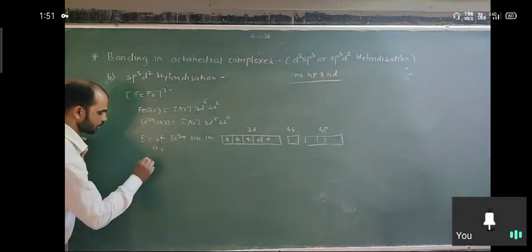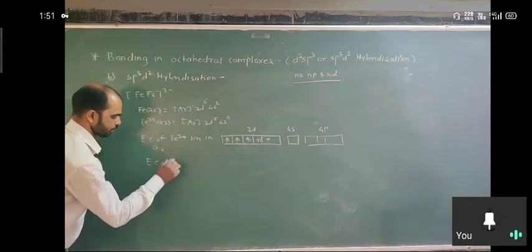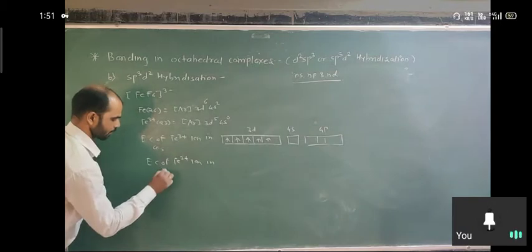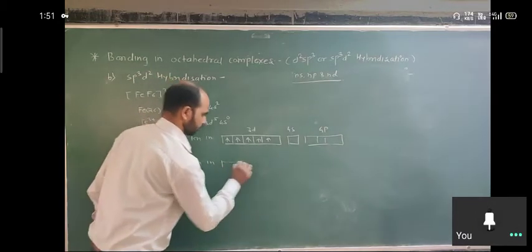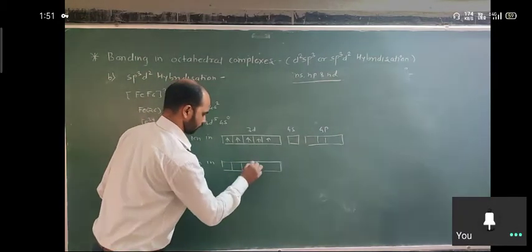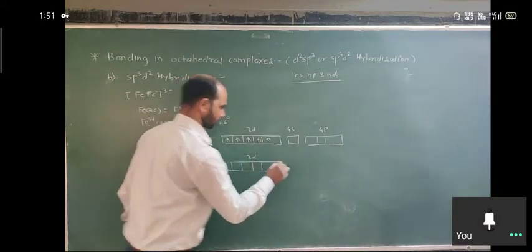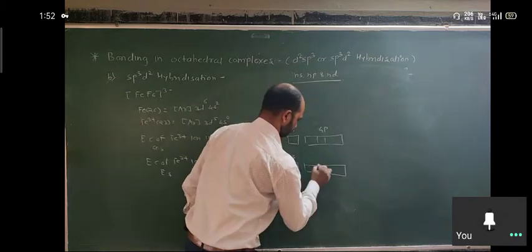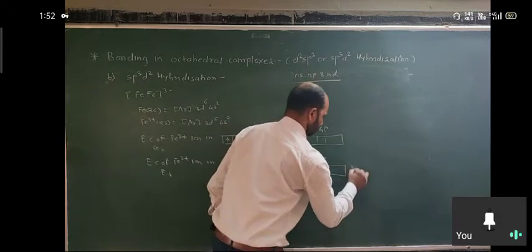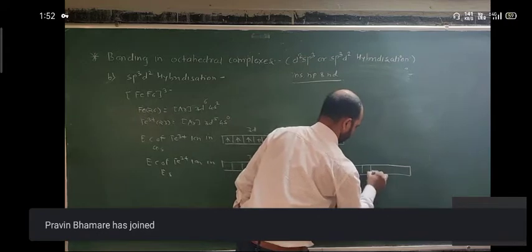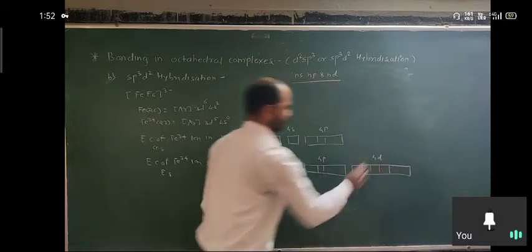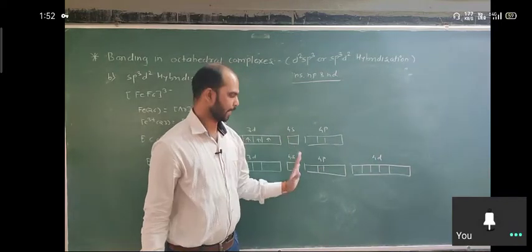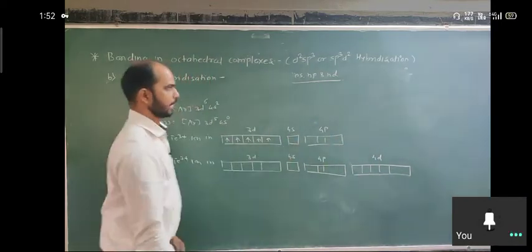Here we are going to discuss the electronic configuration of the Fe3+ ion in the excited state. Here 4s, 4p, 4d are used, meaning the principal quantum number is the same, so the nth d orbital is used.